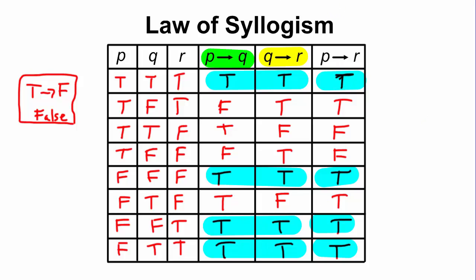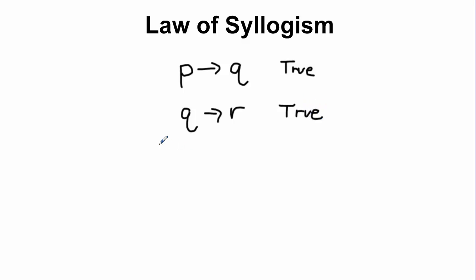And if I want to clean this up a little bit, using notation, if I have a conditional statement that has a truth value of true, and then I have another conditional statement where I take this conclusion and make it the hypothesis, and I come up with a new conclusion, and if that also happens to be true, then I can make one conclusion without even looking at the third conditional statement.